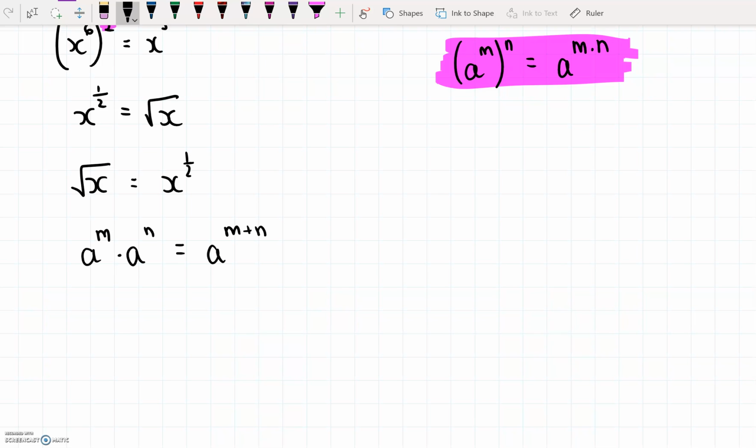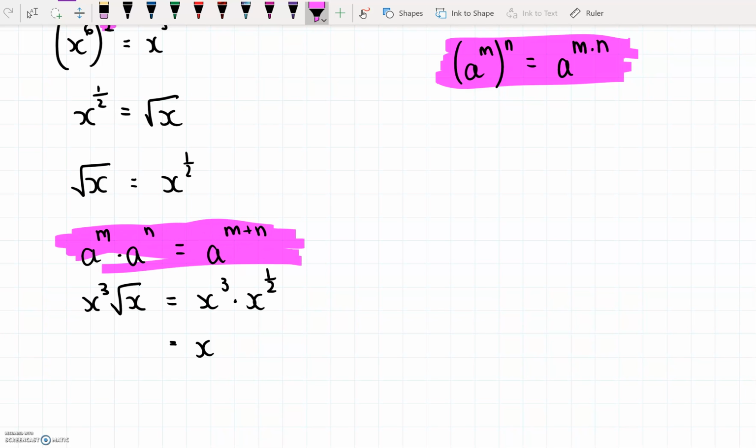So if we have, for example, x cubed times root x, that's the same as x to the power of 3 times x to the power of a half, because the x to the power of 3 you already have, and you know that the square root of x is x to the power of a half. So using this rule up here, this becomes x to the power of 3 plus 1/2, which is x to the power of 3.5.